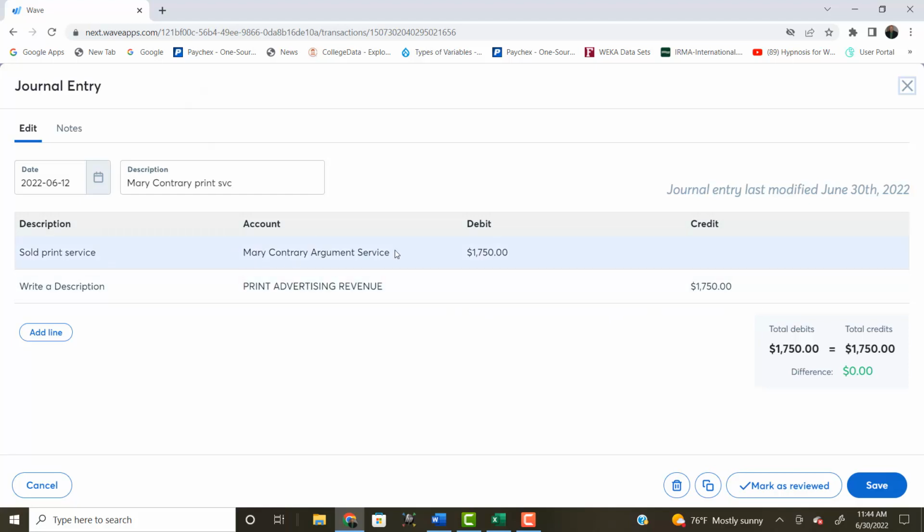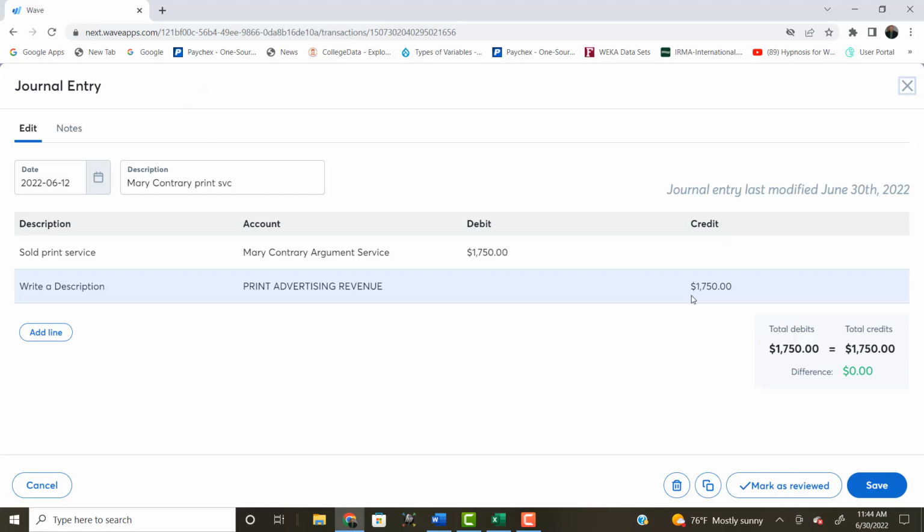Mary Contrary Argument Services. This is accounts receivable for Mary Contrary, the sub-account of accounts receivable. Again, I had to do it through other short-term assets. $1,750 on the debit side. It's print advertising revenue. So I have equity in the equation. Assets is equal to liabilities plus equity.